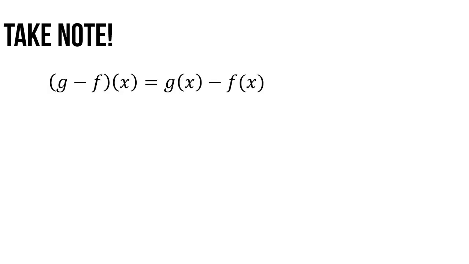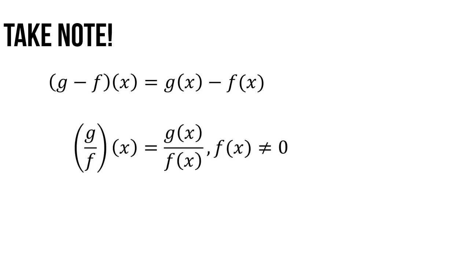So take note that f minus g of x is different from g minus f of x. Okay? Again, f minus g of x is different from g minus f of x because g minus f of x is equal to g of x minus f of x, because the subtraction operation is not commutative.